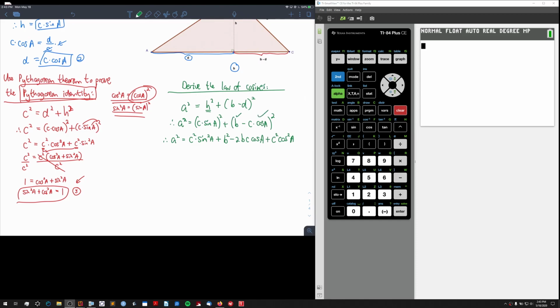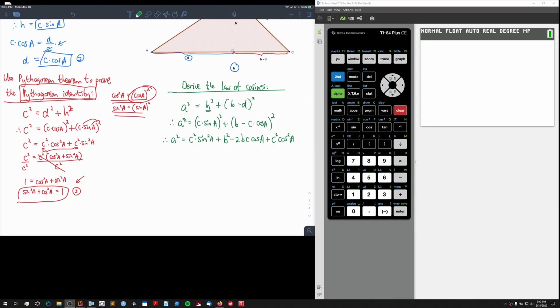So square the first term, that's this. And then b times c cosine A times 2, that's this. And then square the last term, that's this. Now that's sometimes not people's favorite thing to do, but that works. That's just literally a square of a binomial. All right, we're almost there.